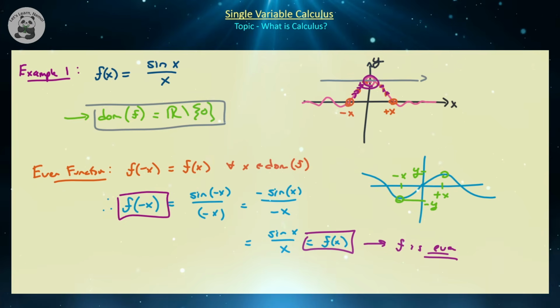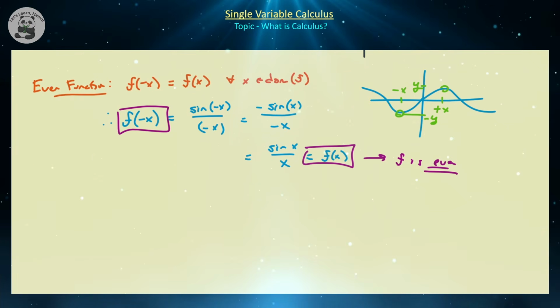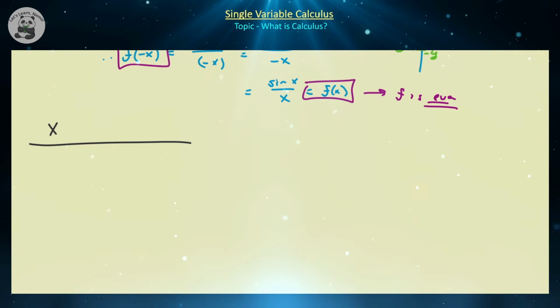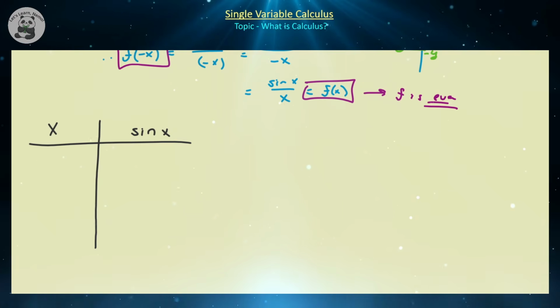So what we're going to do is plug in a bunch of numbers near 0, getting closer to 0 from one of these sides, and see what the y values get closer to. I'm going to make a little table of values here, with x on the left and sine x on the right. Let's choose a number that's quite far from 0.